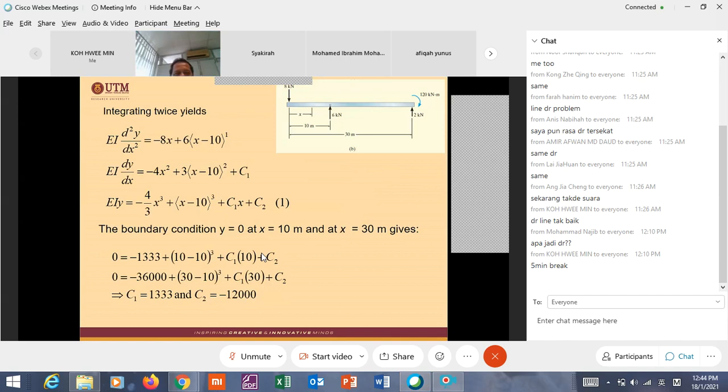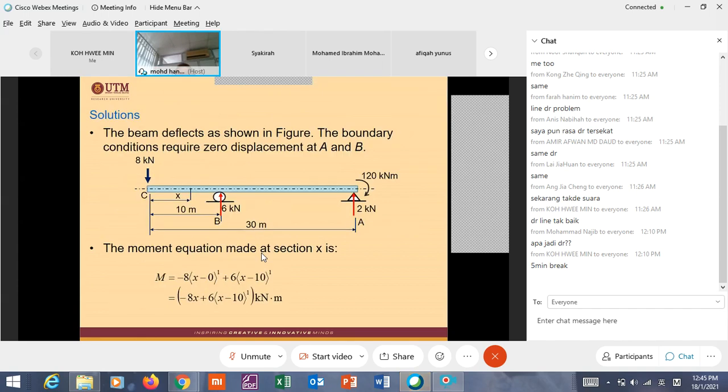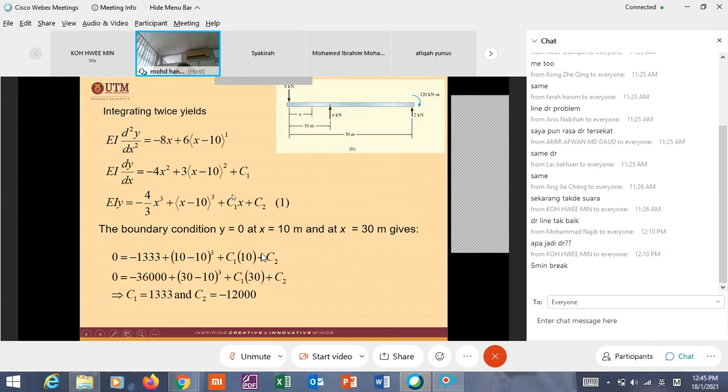Yes, correct. This is 6 kilonewton RB and RA. It is not shown here actually. You can check this reaction, 6 and 2 kilonewton. Take into your calculation. 120. So yes, it is correct now.